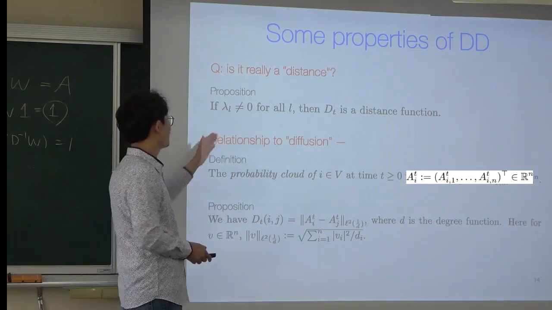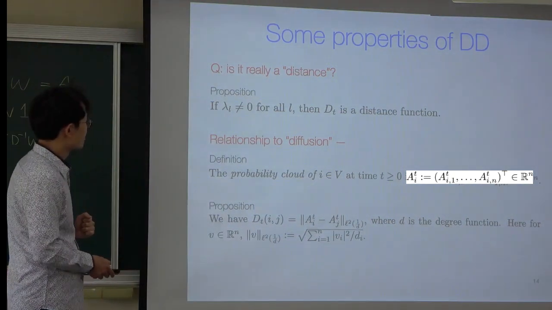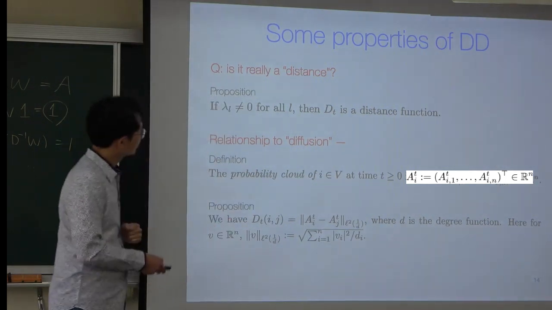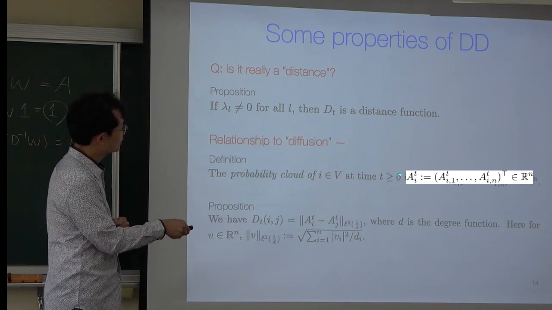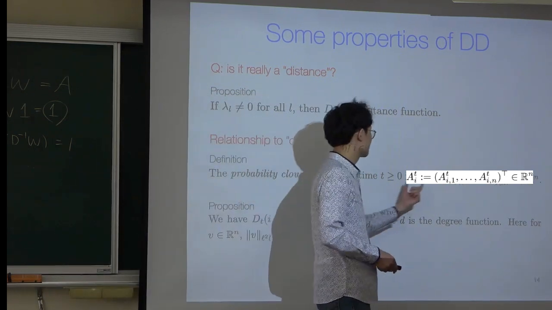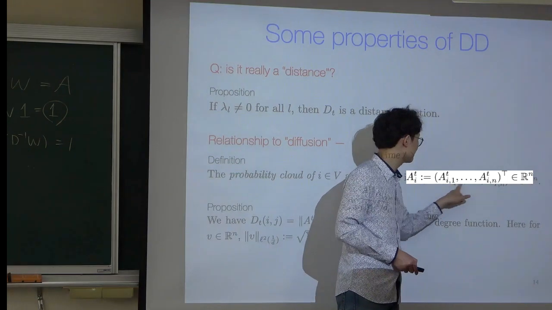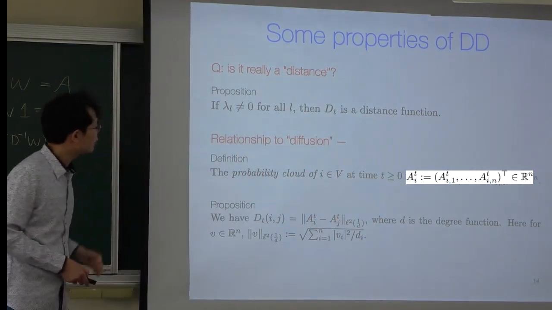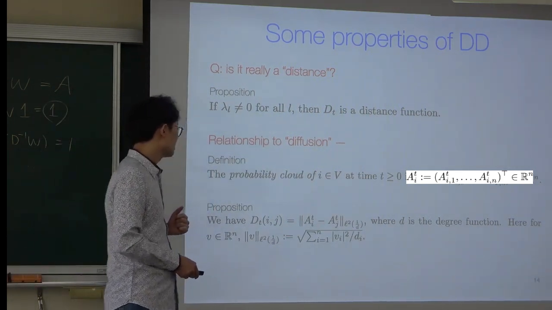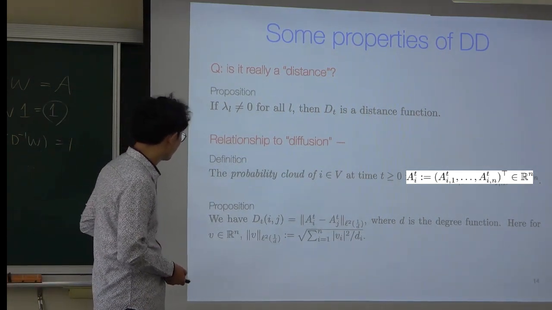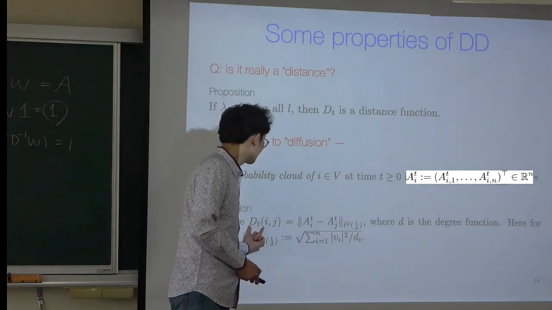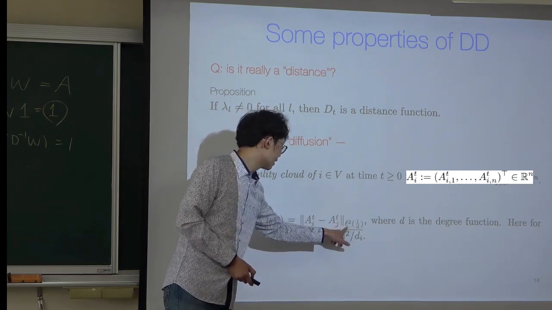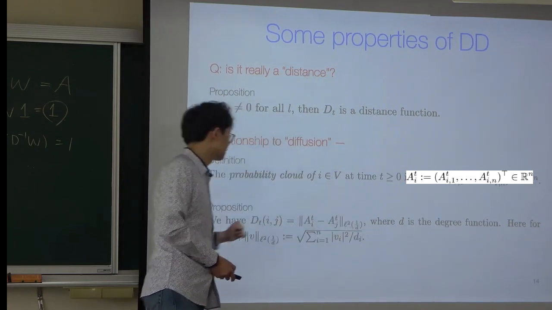And there is a relationship to diffusion. We have a definition called the probability cloud of a point i at time t, which is nothing but the i-th row of the diffusion matrix A raised to the power t. Then in the end, the diffusion distance is nothing but the L2 distance between A^t_i and A^t_j, with weight 1 over d.